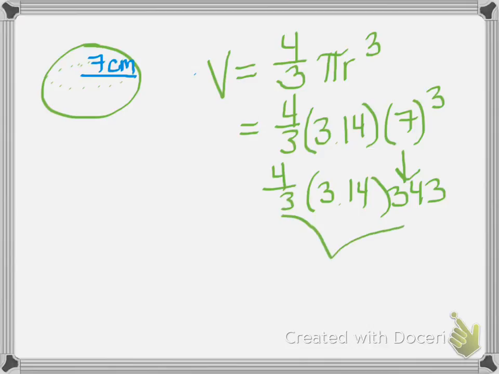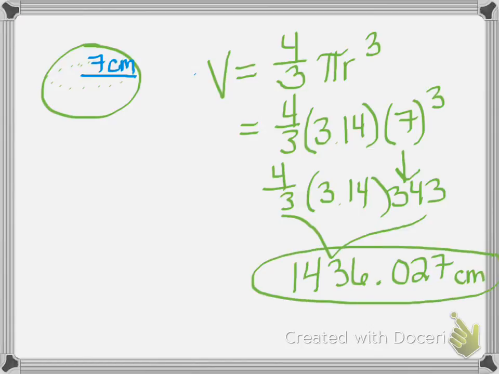And when we do all of that together, our answer is 1,436 and 27 thousandths of a centimeter. So here is the volume for our sphere.